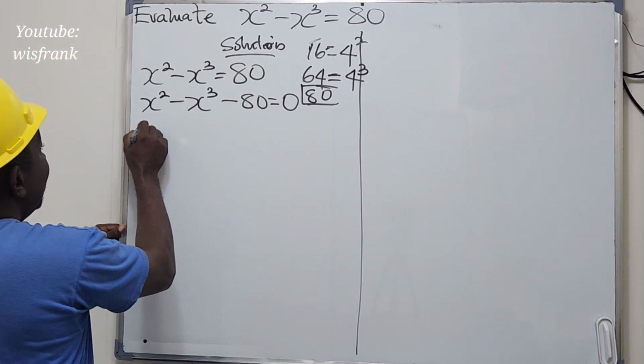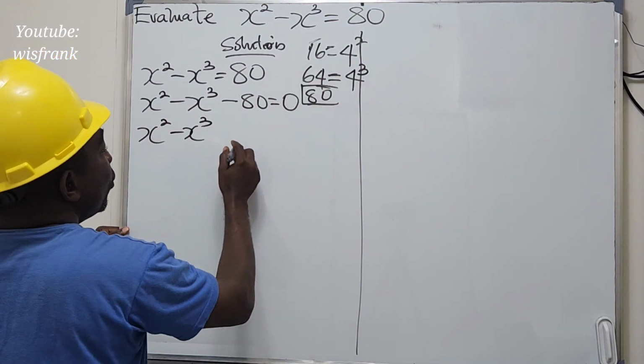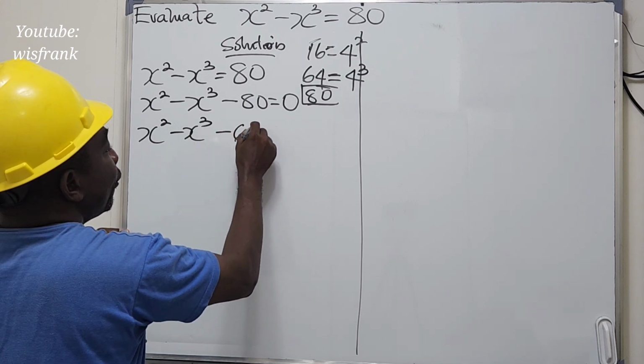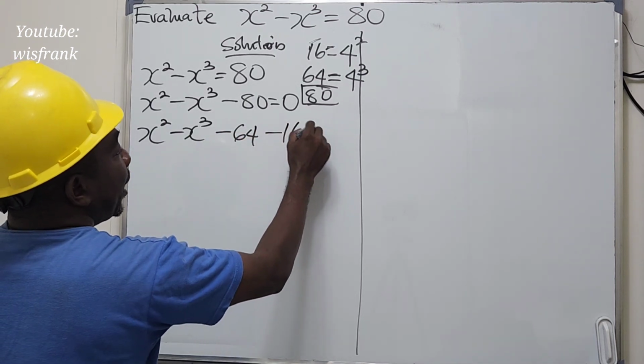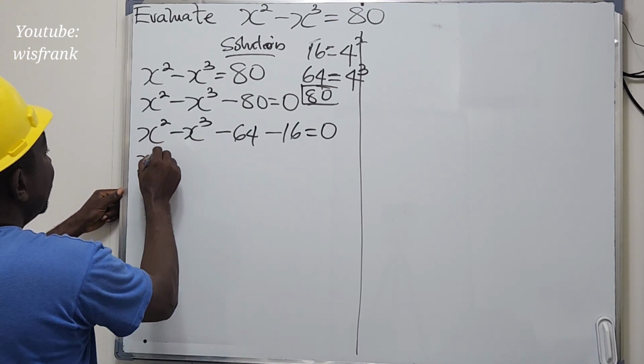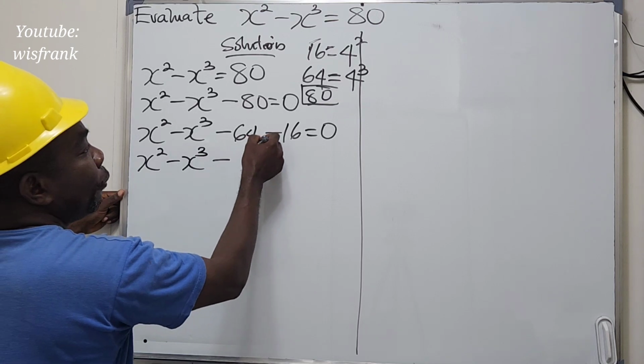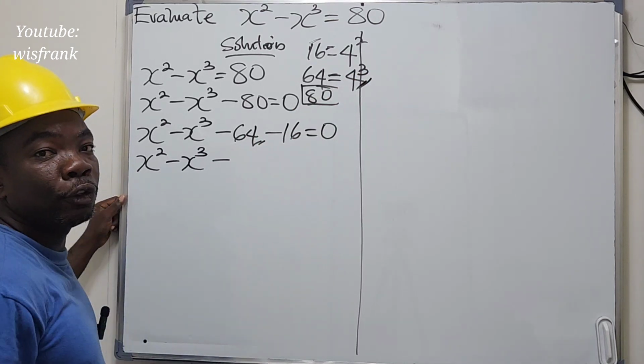So here we have x to the power of 2 minus x to the power of 3. Here is going to be minus 64 minus 16 equals 0. So doing this, it can be written as x to the power of 2 minus x to the power of 3 minus 64. We know that 64 is 4 to the power of 3.